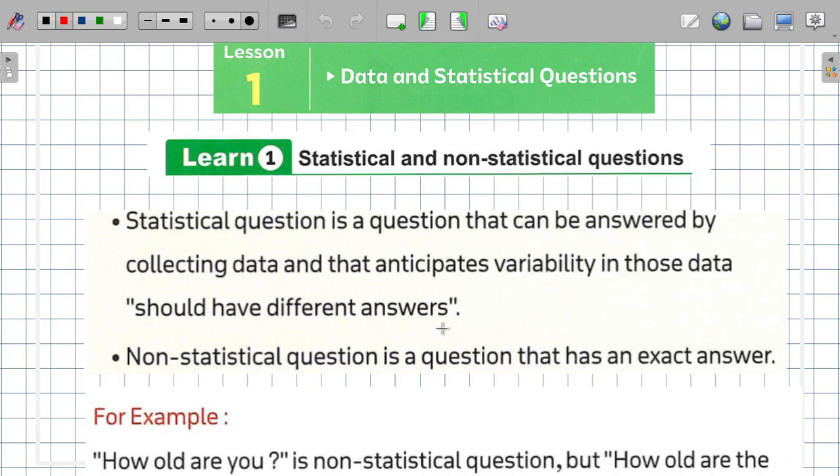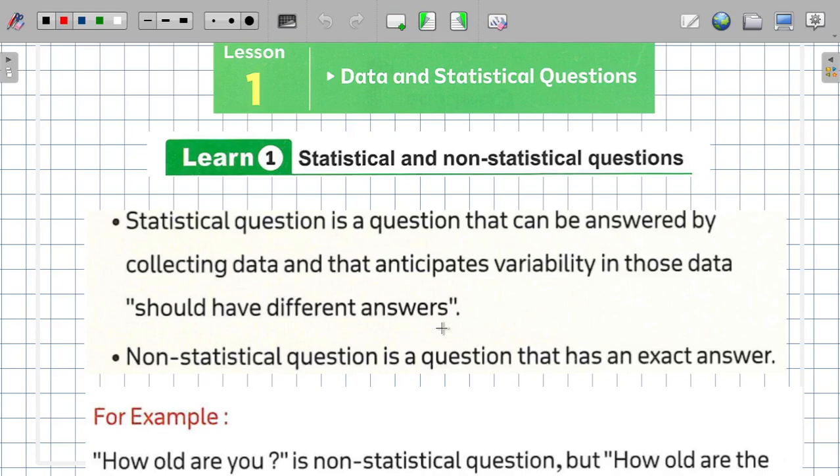Again, statistical questions should have different answers. But a non-statistical question is a question that has an exact answer, just one answer.